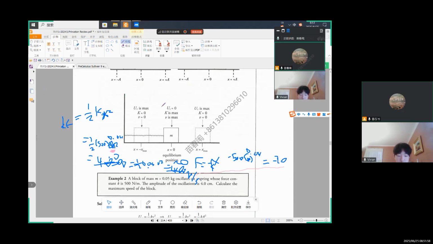Oh, okay. 1/2, they simplify, is basically 0.05 times v squared equals k. K is 500 times 0.04 squared.